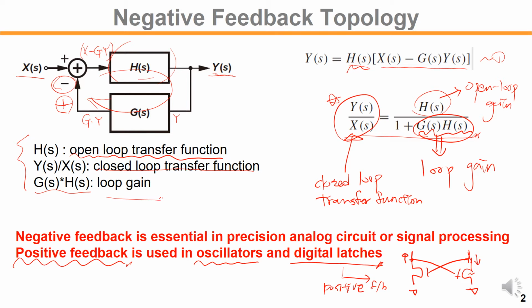If this goes down, then the gate voltage of the left transistor goes down. So what happened? The drain voltage goes up even higher, right? So this is the positive feedback. It will grow the amplitude, and the other side also goes down even lower. It will stop amplifying the signal until it hits the limit, like supply and ground, right?